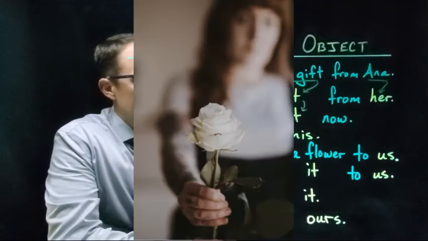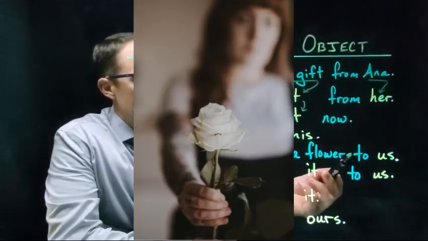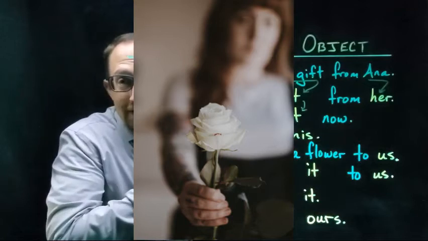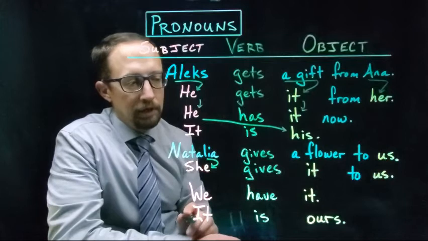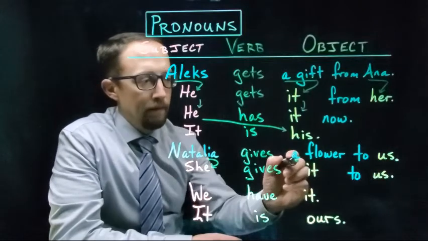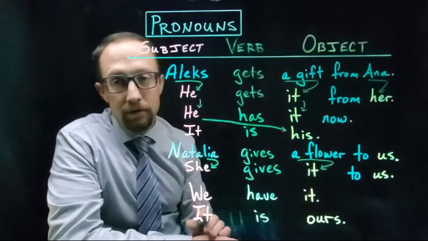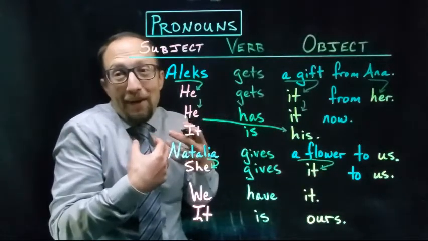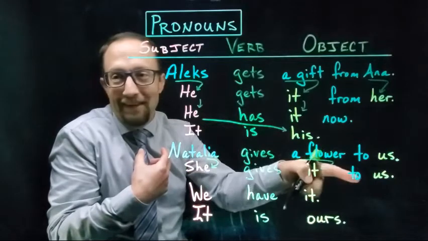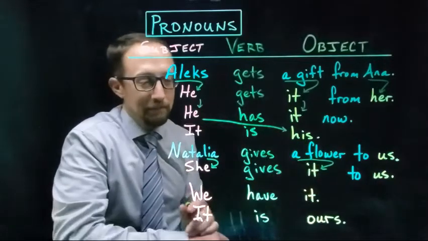Natalia gives a flower to us. Natalia changes to she. A flower changes to it. And we are us on that side of the verb.